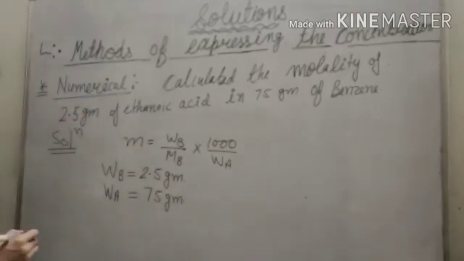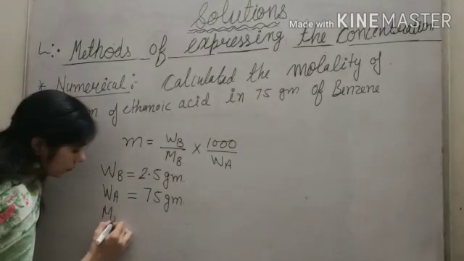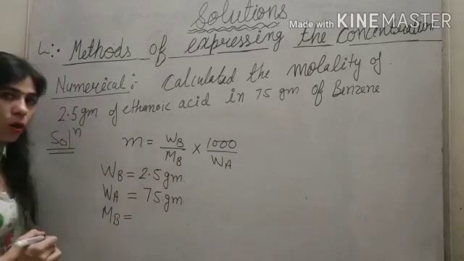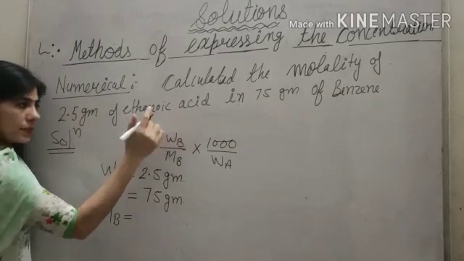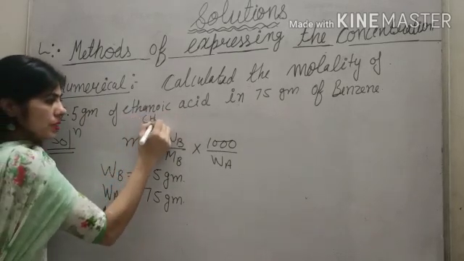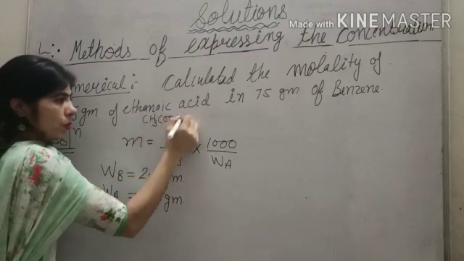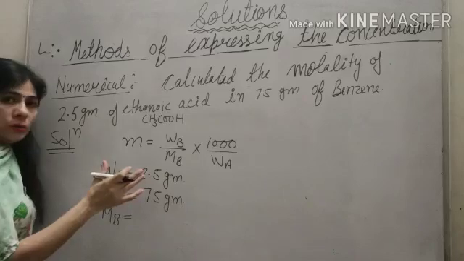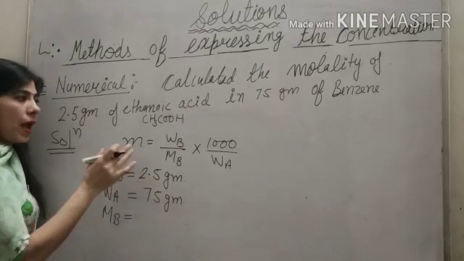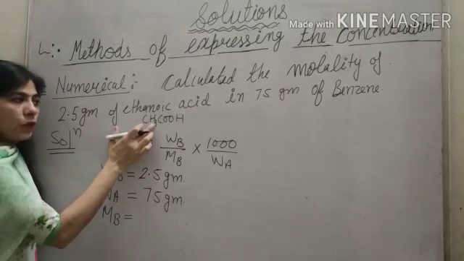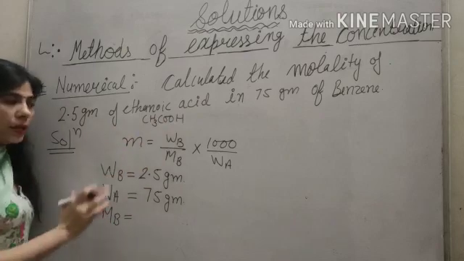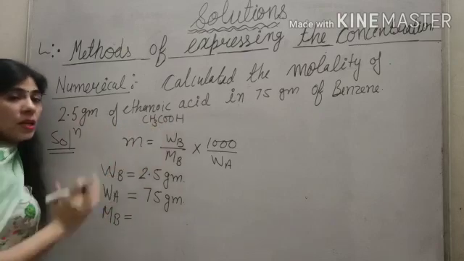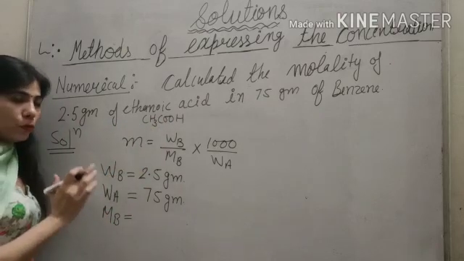And MB is the molecular mass of the solute, ethanoic acid, having formula CH3COOH. The molecular mass of any compound is calculated by adding the atomic masses of the elements present in that formula.